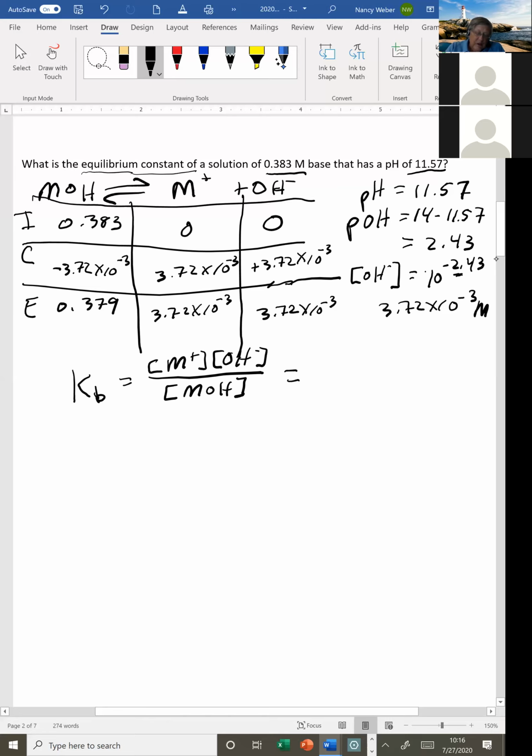So that's going to be 3.72 times 10 to the -3 squared divided by 0.379. And then this is going to equal 3.65 times 10 to the -5.